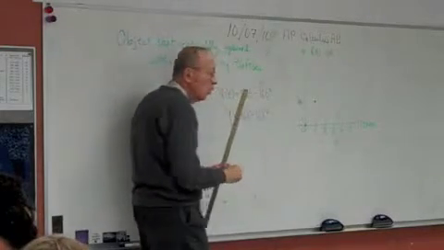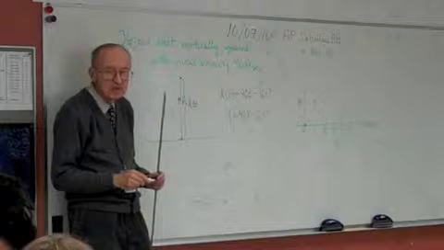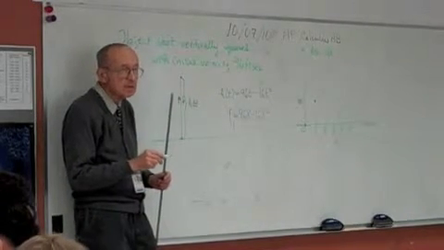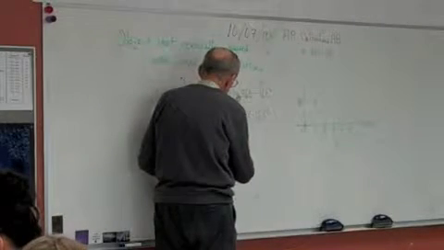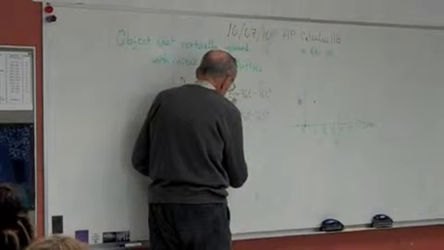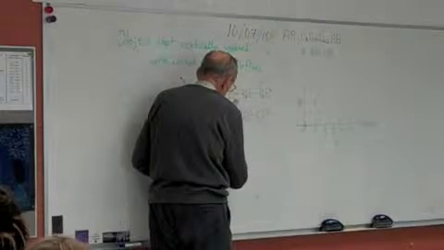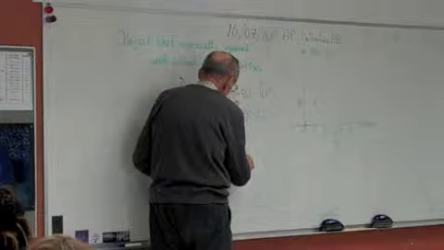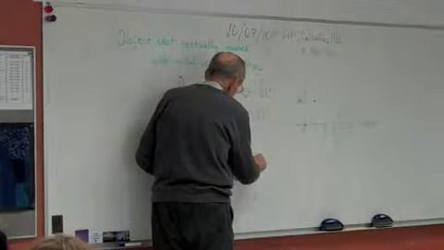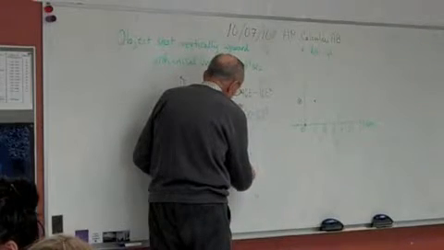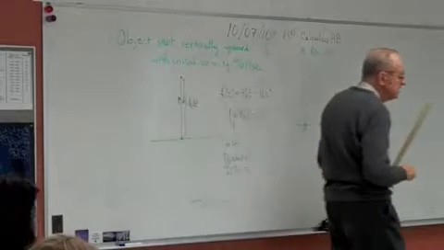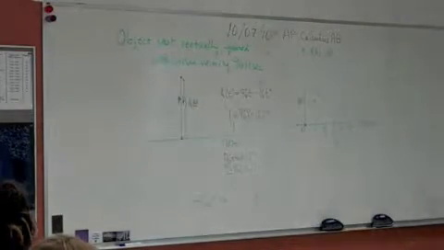Then in the top row, you have something called table set. You see that button, table set, at the very top? Table start is equal to 0. Delta table, let's go up by 1 second at a time.